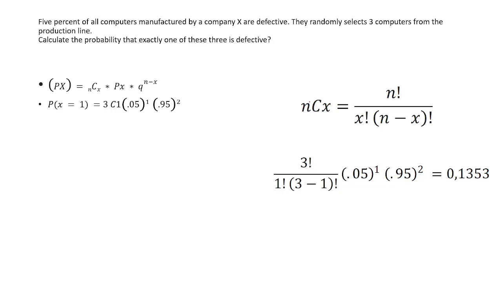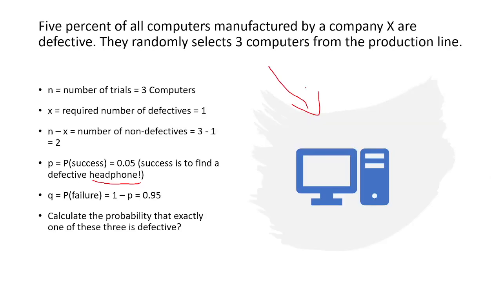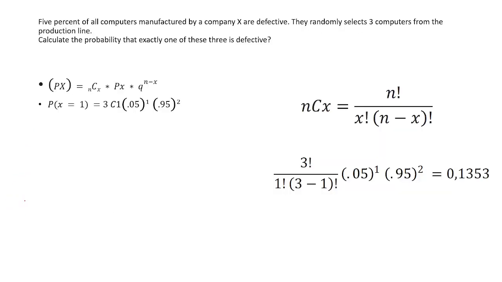So what you do is substitute everything into the formula: we have the n, the x, the n minus x, the probability of success, and the q. You just put it in, and you will get 0.13.